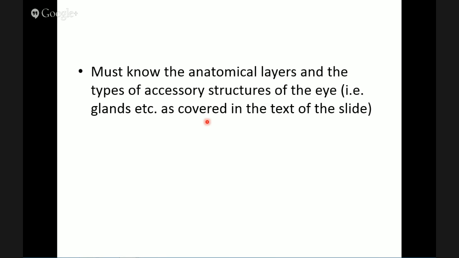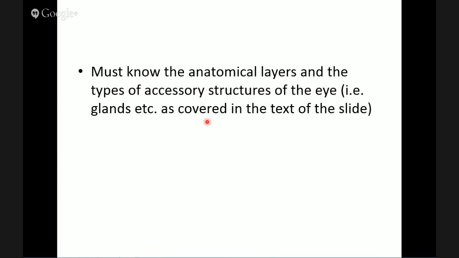So again, you should make sure that you know the anatomical layers, the different types of accessory structures in the eye, different glands, how, for example, the different glands that are related to tear formation or to different types of fluid formation in the different chambers become important.